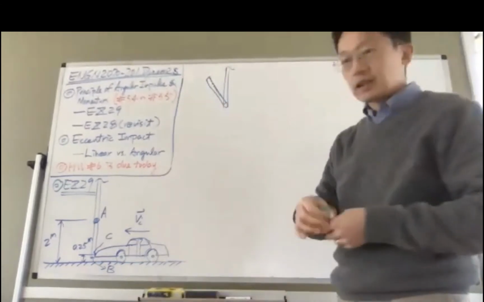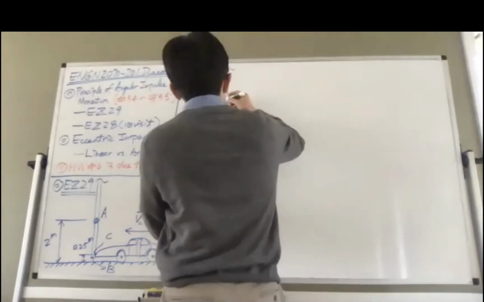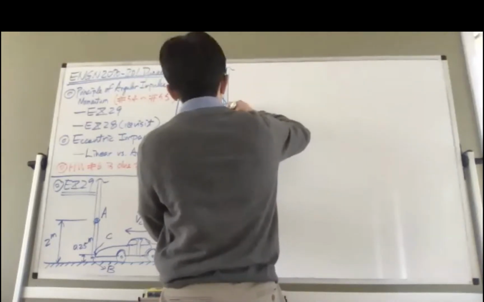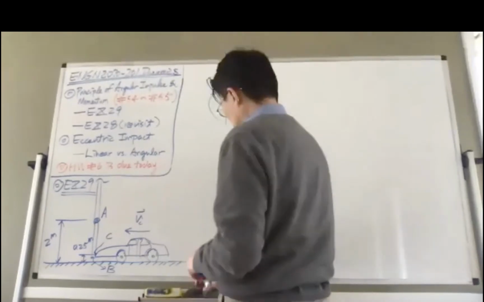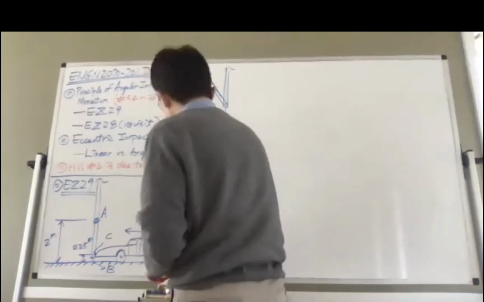it goes to this position. If we calculate the angular change, which is the original angle to here, this angle, we call the maximum angle theta.